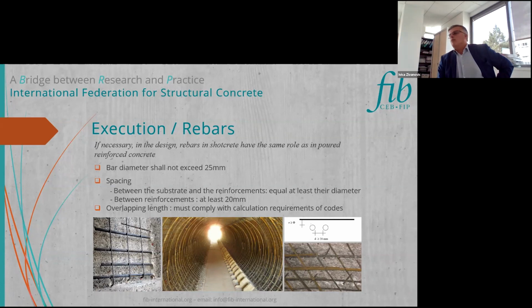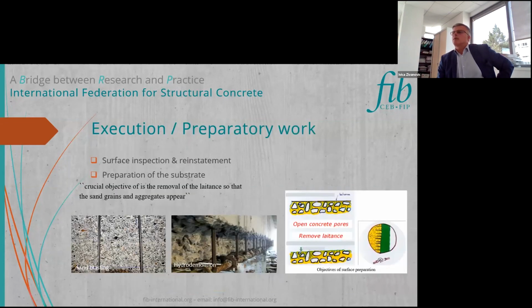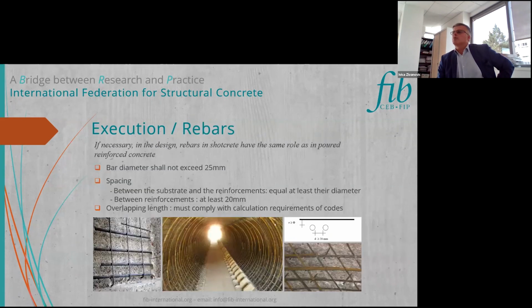Okay, we can see it like this. In fact, generally speaking, maybe it's not clear, but we can have an opening of the structure until the existing first layer of rebar. For example, between the substrate and the reinforcement, it is at least the diameter.